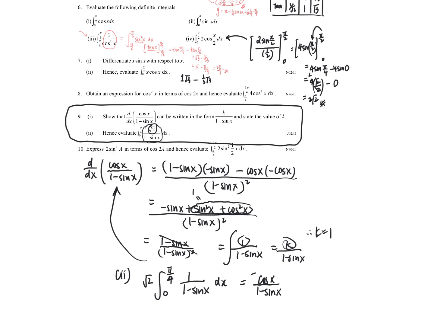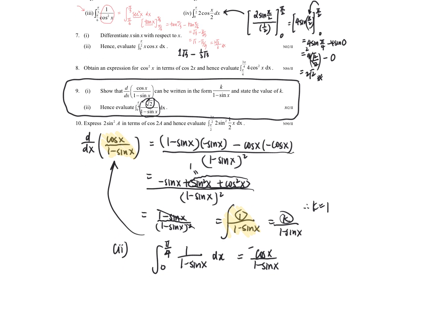Can get it? No. Okay, wait one more time. So when I integrate this form, I get back my original. But my question is not just this, got a root 2 over there.